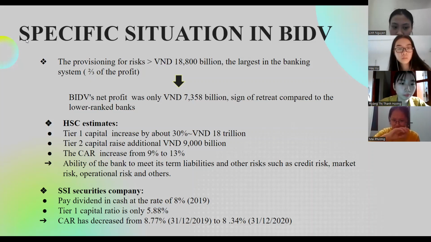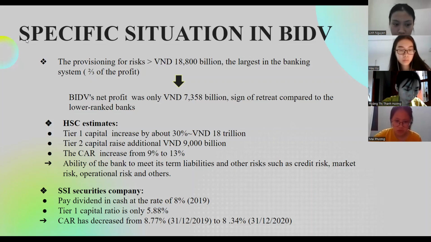According to NSI Securities Company, after accelerating credit in the last month of the year and deciding to pay their 2019 dividend in cash at the rate of 8%, BIDV's capital adequacy ratio, CAR, has decreased to 8.34% at the end of 2020 from 8.77% at 31 December 2019.